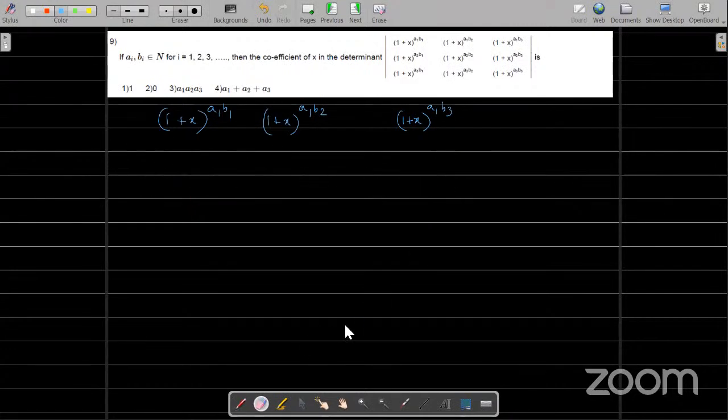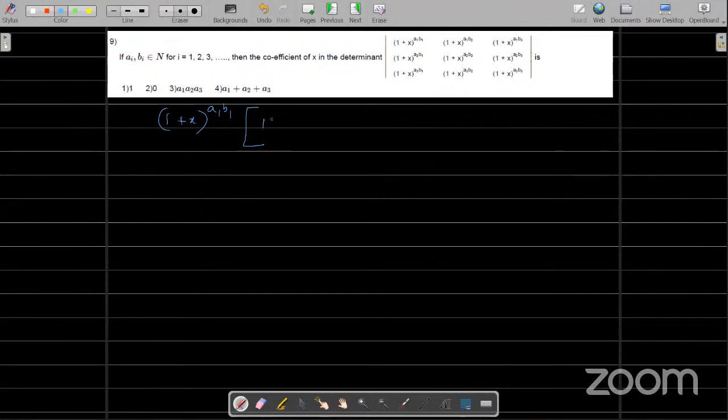So we need to figure out alternatively the coefficient of x, right? So let's say you expand this whole thing in terms of the regular determinant. So that means I will have to write this in terms of the typical expansion, right?